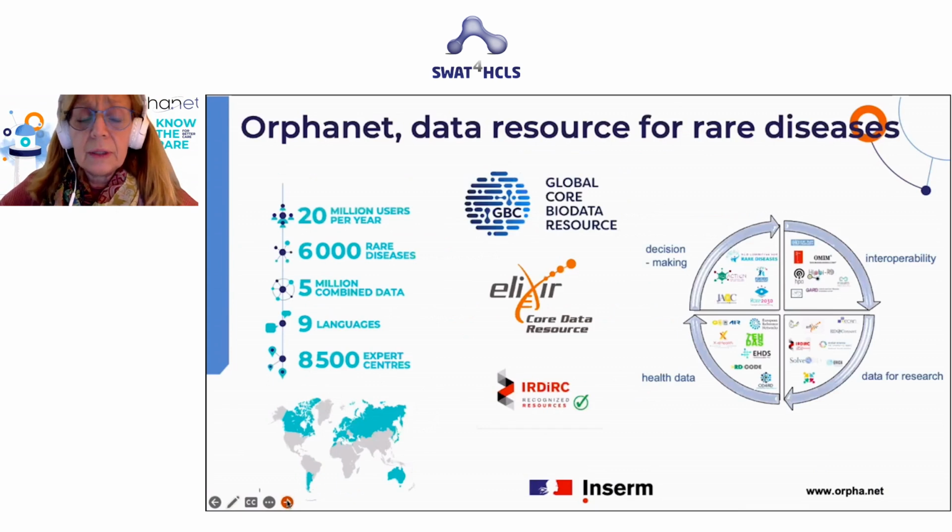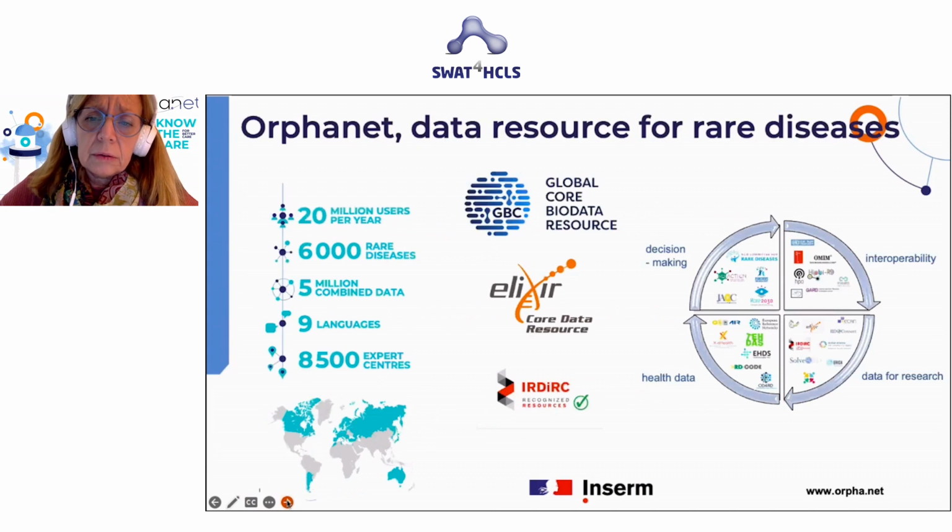Very shortly, if you don't know Orphanet, just know that it's a huge data resource that has existed for 27 years now, and that is a Global Core Biodata Resource and an ELIXIR Core Data Resource, and that is involved in every single data-related project in Europe and beyond.